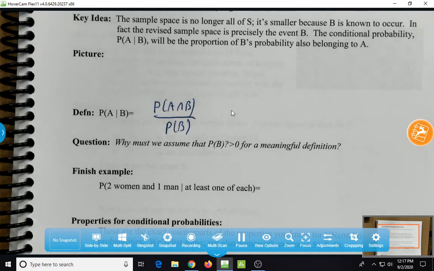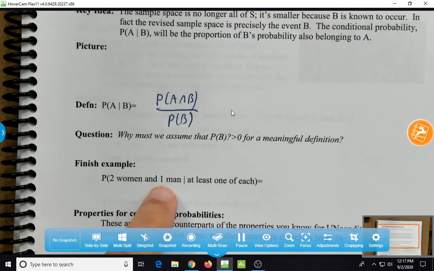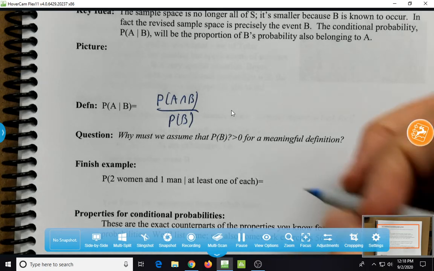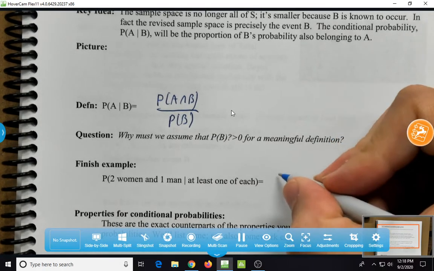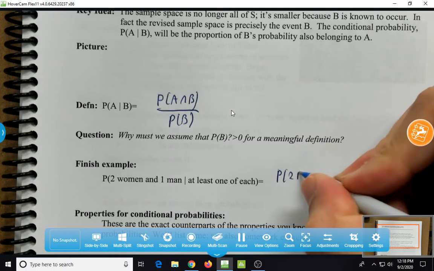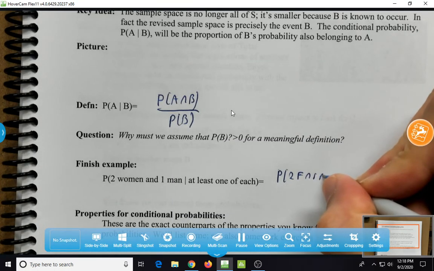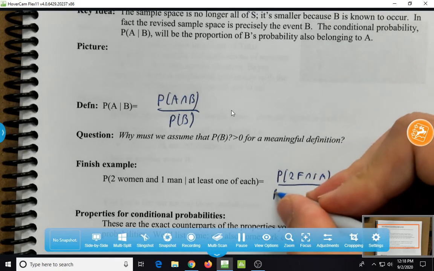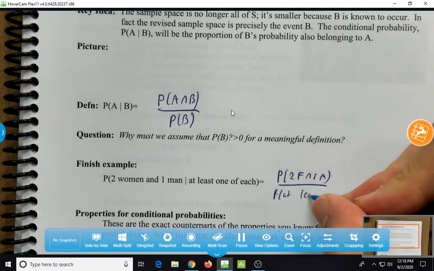So let's go ahead and take a look at the probability of at least 1 of each. Remember that what we're doing here is writing the probability of 2 female and 1 male, given the probability of at least one of each.